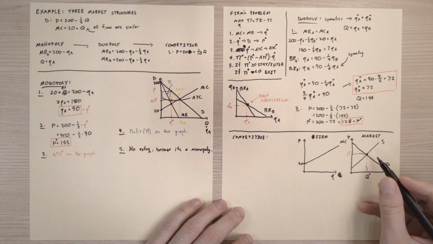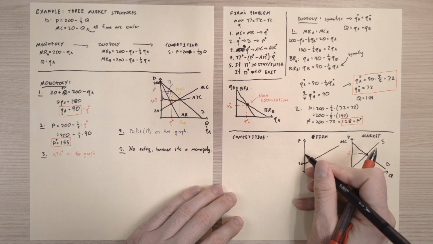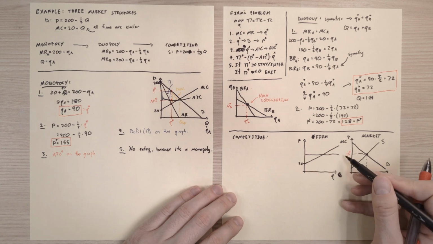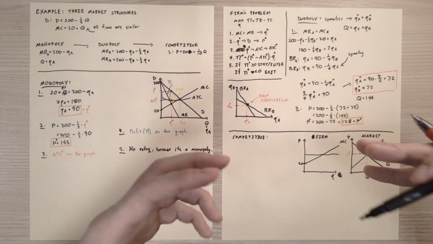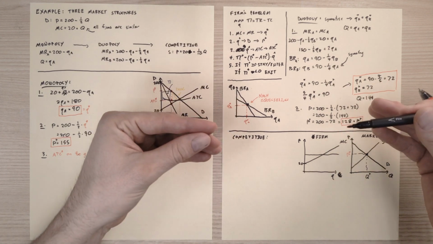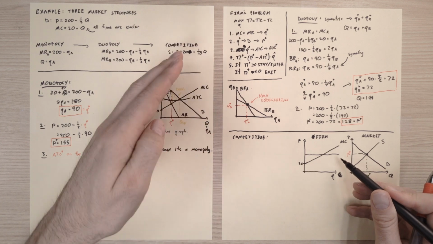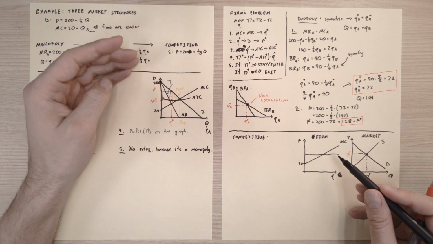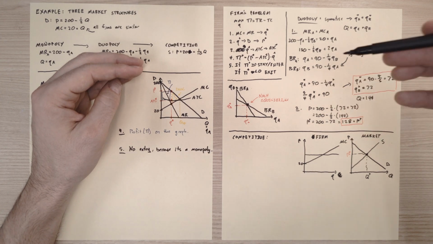All right, so we have the price in the market, which tells us the marginal revenue curve. Remember, when a competitive firm raises their quantity, because they have no impact on the price itself, all they're doing is increasing their quantity times the price. So their revenue goes up by 1 times the price.